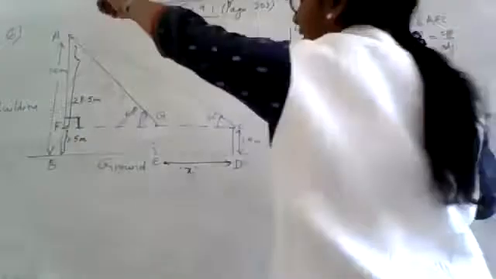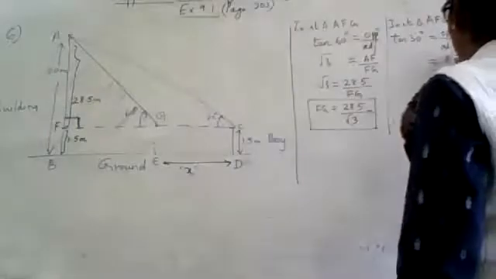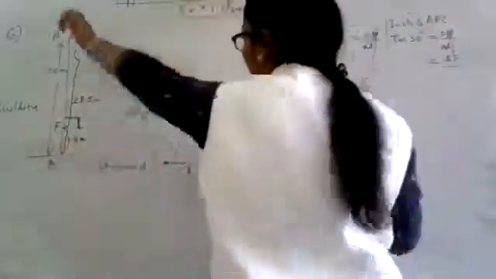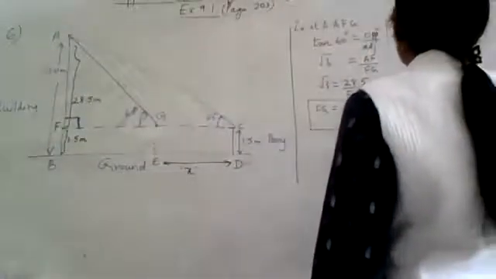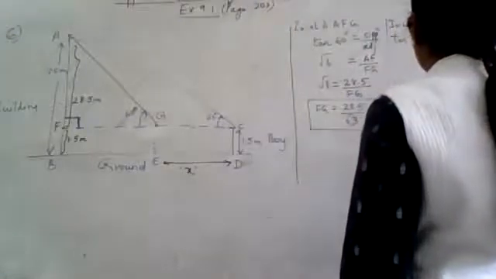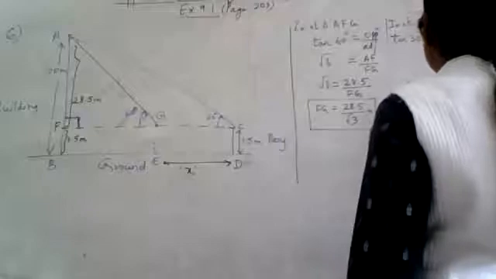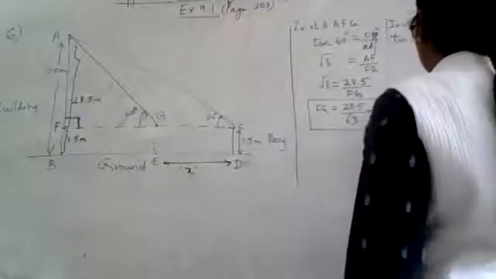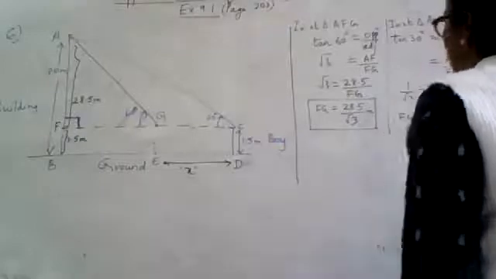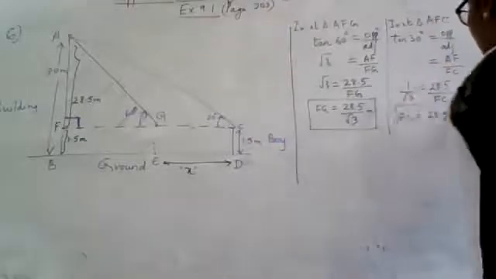Again your opposite is AF. Adjacent now is the full length because I am talking about the bigger triangle. So FC is the adjacent side. So tan 30, I know, is 1 by root 3 equals AF, which is 28.5, divided by FC. Or my FC will be 28.5 into root 3. Alright, so this is my FC.